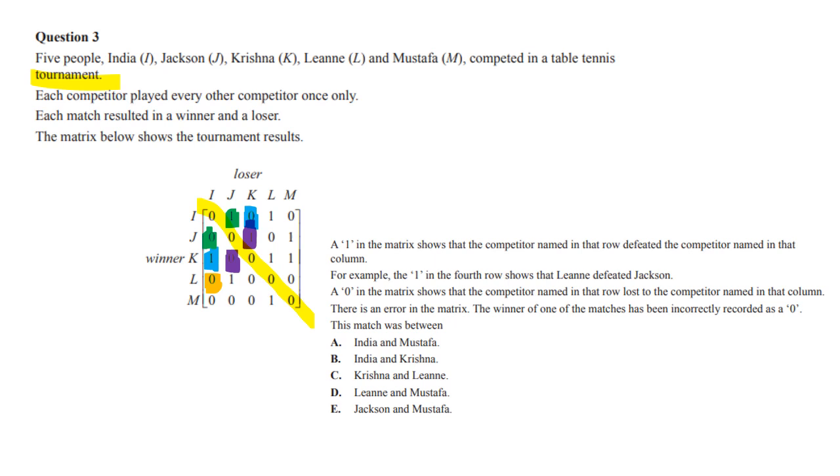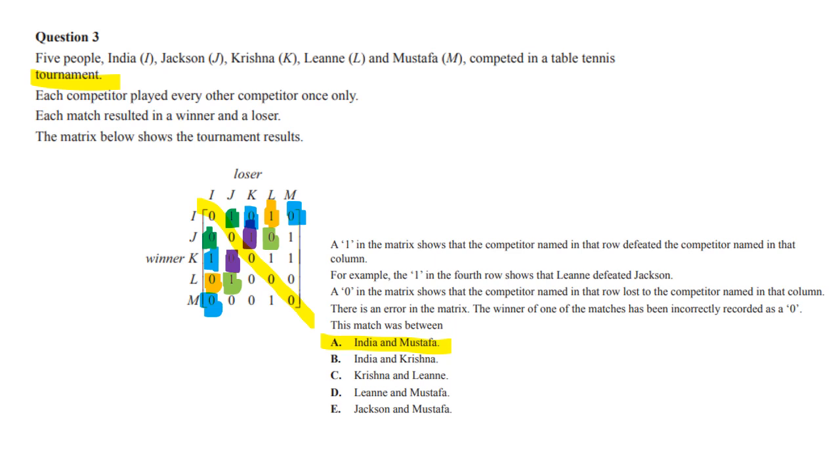We've got a 0 and a 1, so that's a pair. We've got a 1 and a 0, and we've got a 0 and a 0. Now that's a problem because they're both 0. Someone had to win. And if you look at that, that's between M and I, which must be between India and Mustafa. So the answer is A.